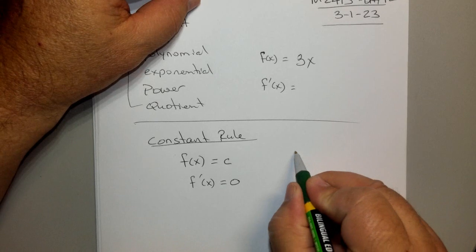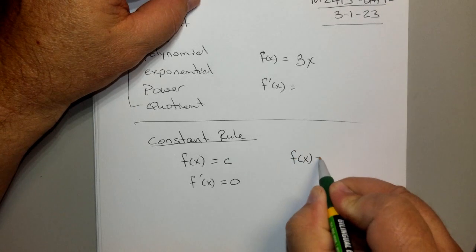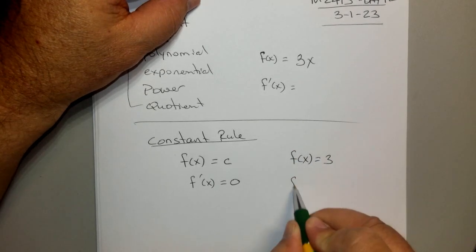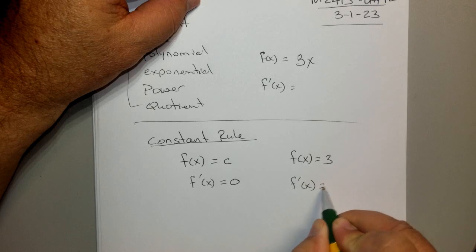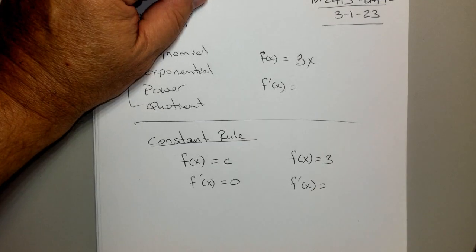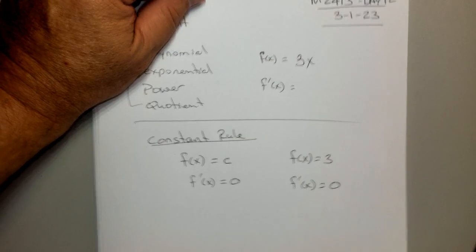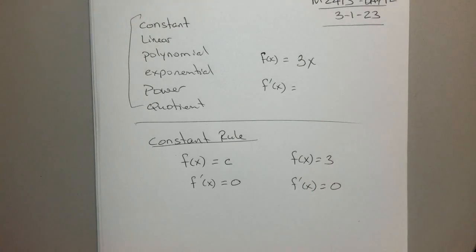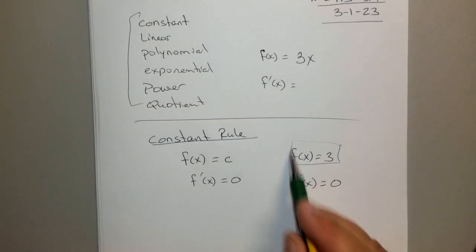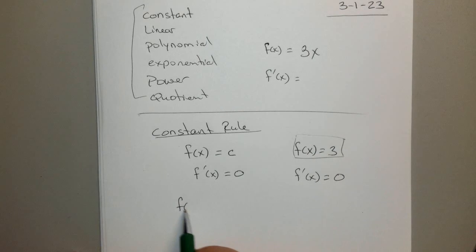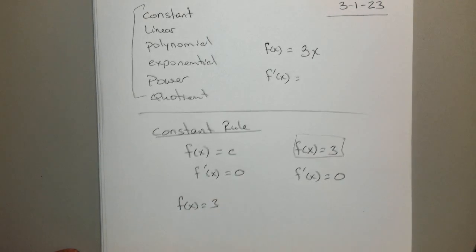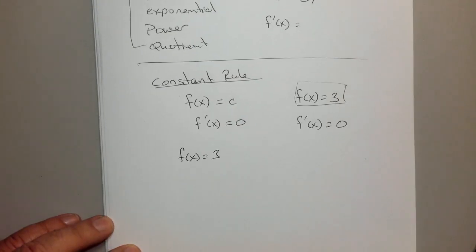Let's say, for example, I gave you a function f of x equals 3. What's the derivative? Okay, now let's look at the graph of this function. What does f of x equals 3 mean? What kind of function does that look like?